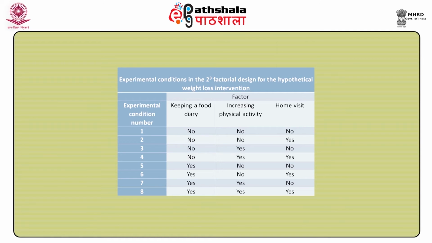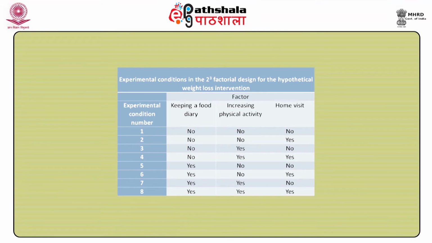Now look at each of the conditions. Say for example 1. In 1, there is no food diary, there is no physical activity, and there is no home visit. In 2, the first two factors are not there, but the third factor, home visits, is there.